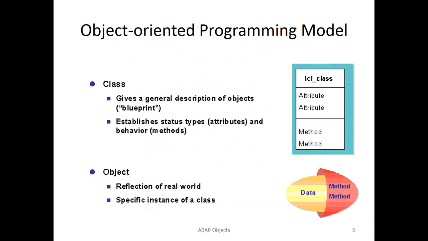What is a class? Suppose you are saying a car. Does a car have physical existence? Suppose I am just saying a car. Is there any object available with the car?